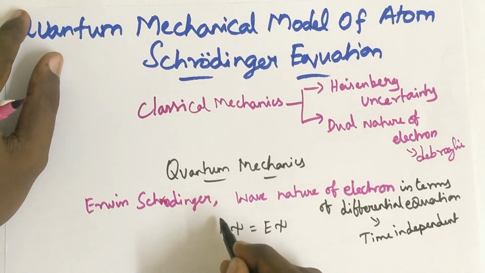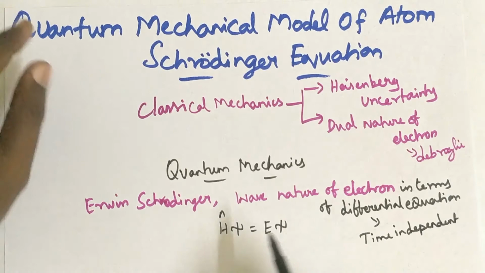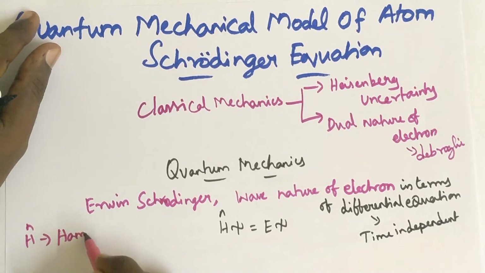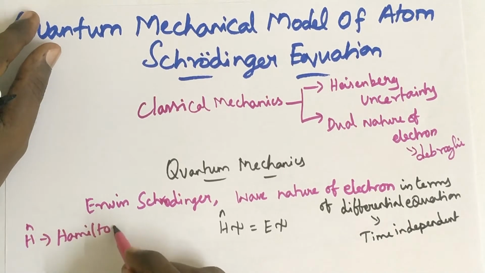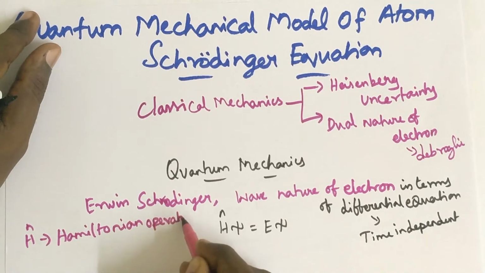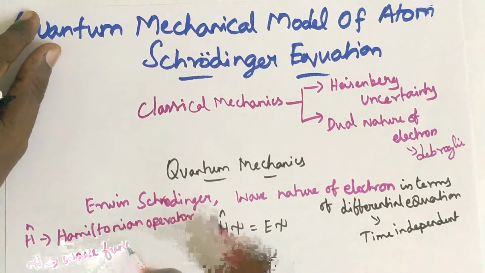So in this equation, H cap psi is equal to E psi. H cap denotes the Hamiltonian operator, and psi denotes the wave function.